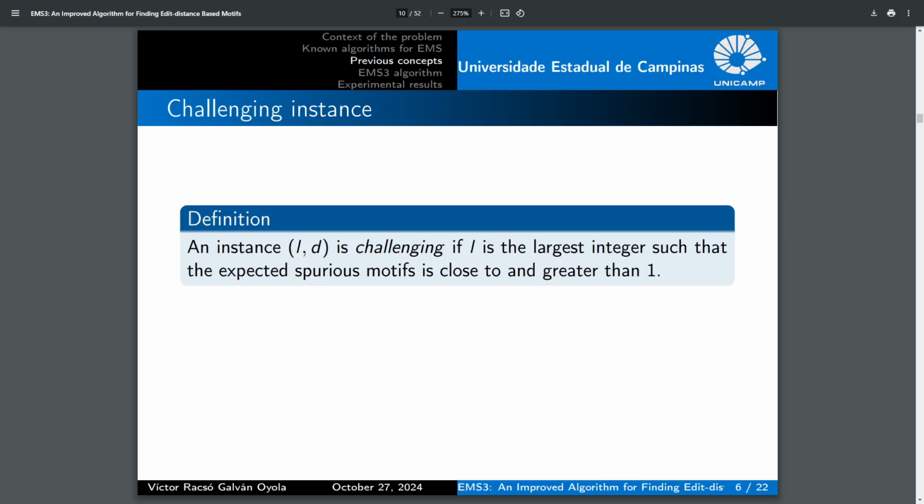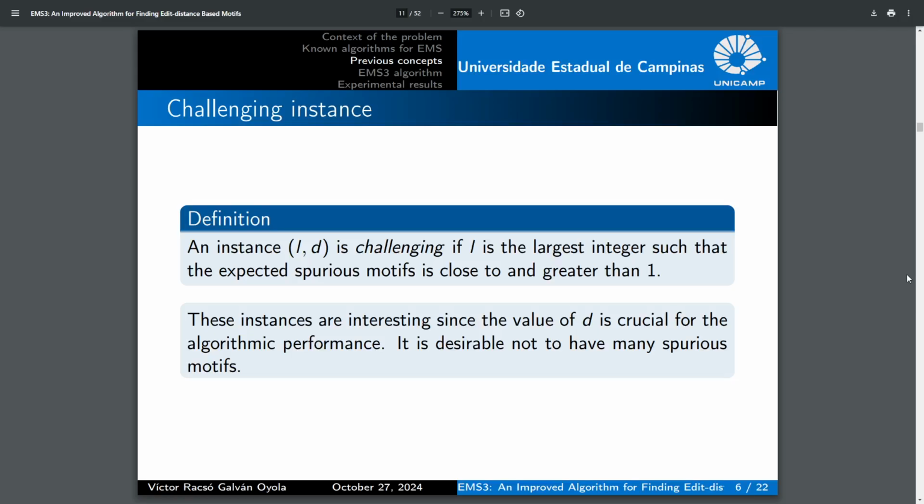If we define D to be very large, it's going to be more likely to have a lot of spurious motifs. And if we define D to be very small, maybe we're not going to have a correct answer, or we're going to have too few motifs, right?